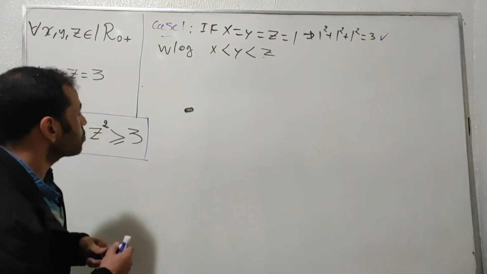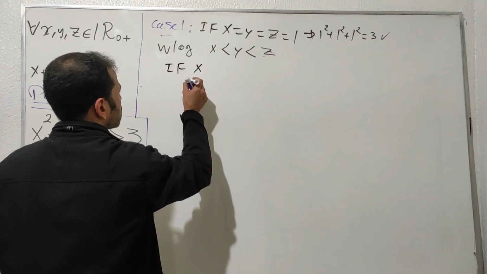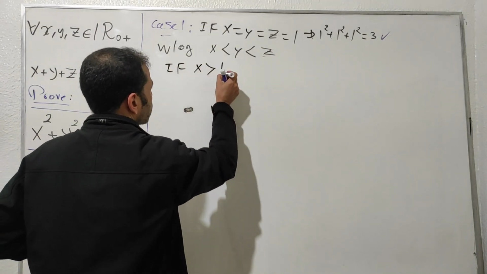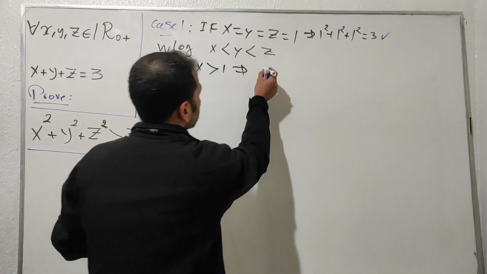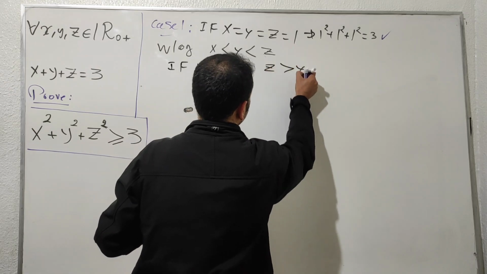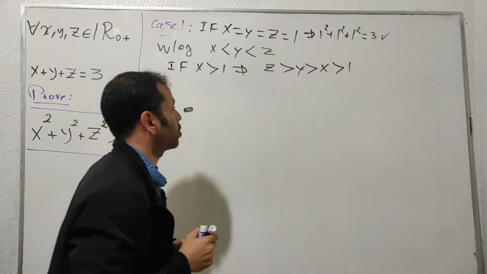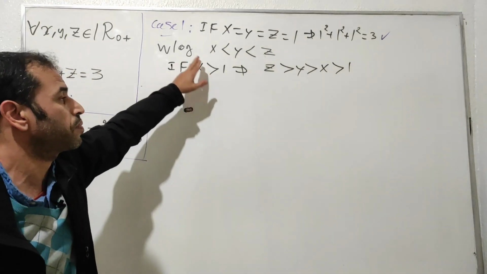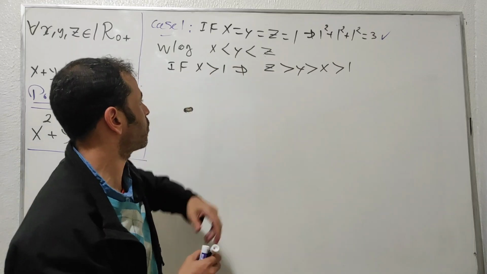Okay? So if x is strictly greater than 1, since we have this inequality, we know z is strictly greater than y, y is strictly greater than x, and x is strictly greater than 1, based on the assumption that we have chosen. Now let's sum these values.